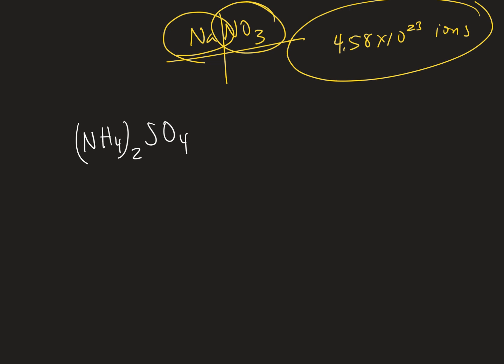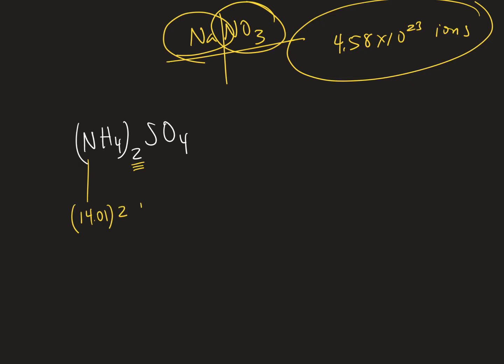We can do this a couple of ways. We can calculate what it is for NH4 and then multiply it by 2. Or we can just say, what's the atomic mass of nitrogen? 14.01. And how many are there? There's 2, because that 2 goes to everything in that set of parentheses, right?